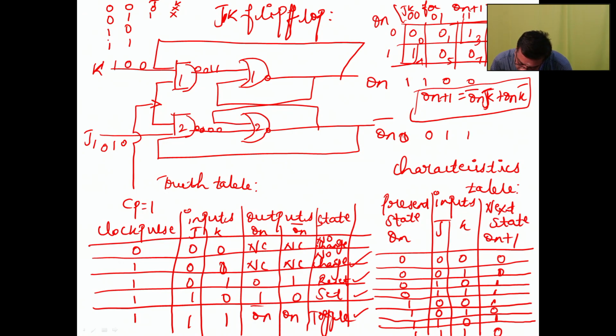Similarly 1 0: don't care, 1. Then 1 1: don't care, 0. So this is the excitation table for the JK flip flop, and this is the characteristic equation.